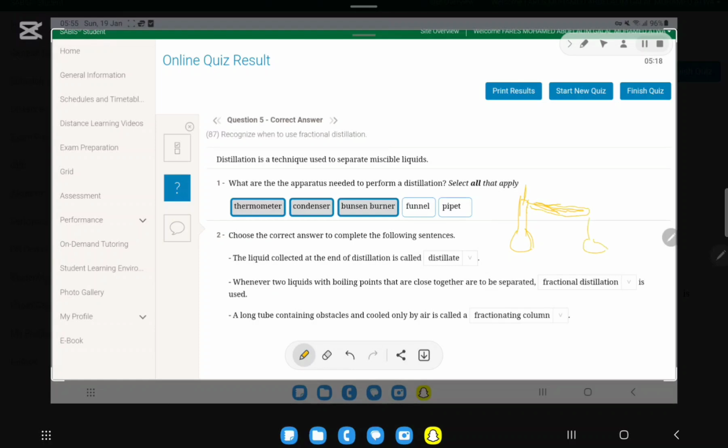And another round bottomed flask here. So here we have the original solution, and whatever we get here is the distillate. The condenser is where the vapor comes into the middle of it and gets cooled by constant water moving in and out of the condenser.